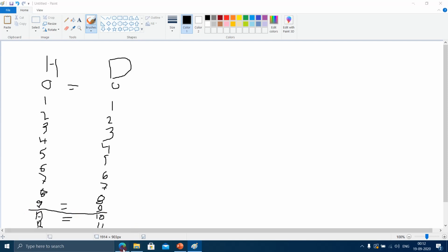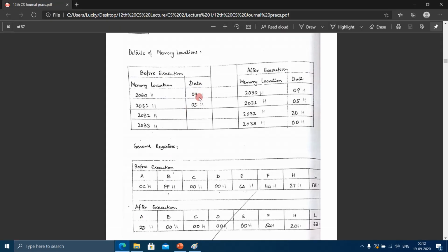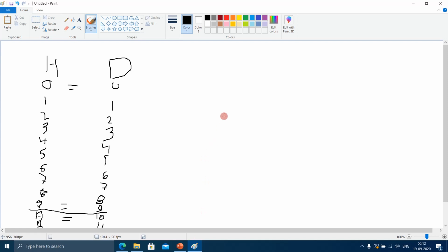So here the values given, 9 and 5, are in hexa. When we convert them into decimal, they will again be 9 and 5. So what we have to do here is multiply 09 and 05. Just assume that 09 is hexa and 05 is also hexa.